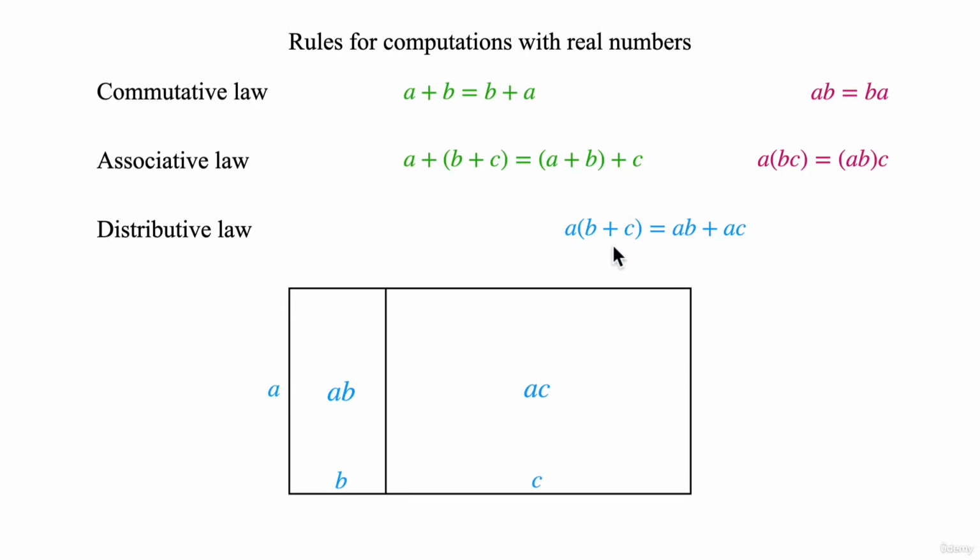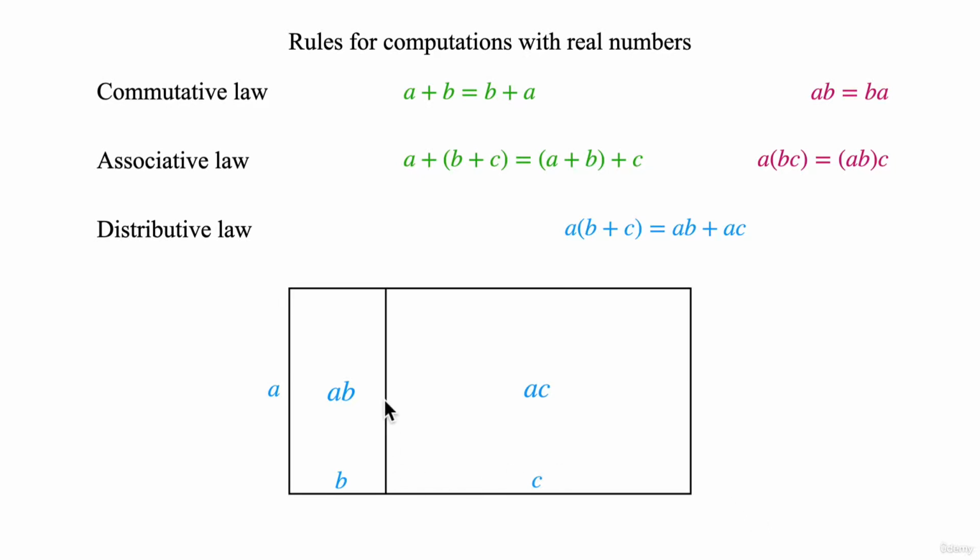It is the area of the rectangle with one side of length A and the second side of length B plus C. You know that the area is length times width, so it is A times B plus C.